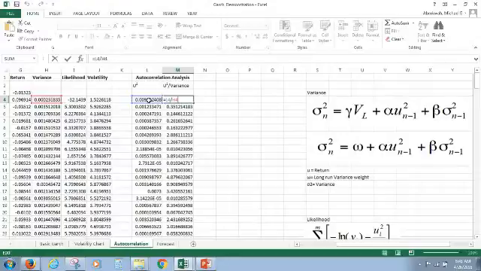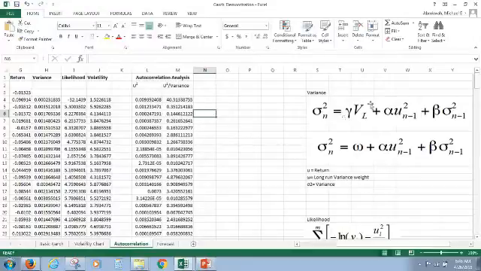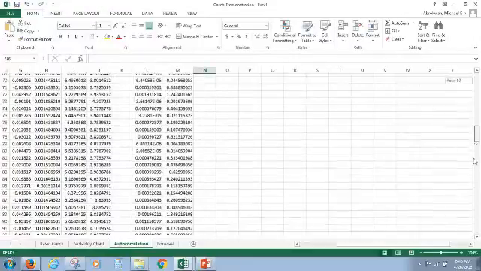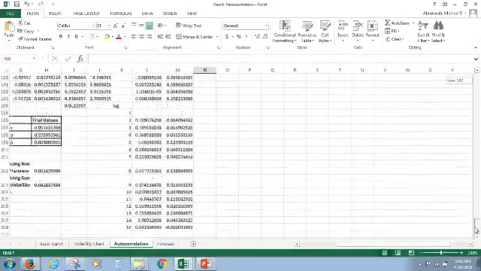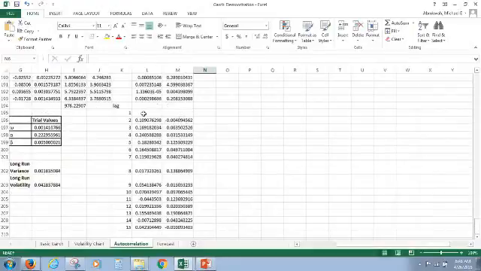Crucially though, the next step is, and as you can see, this is actually still for the squared return, so I'm going to fill it as such.